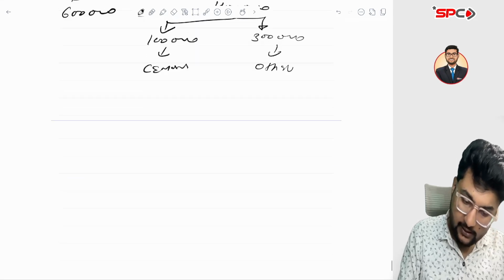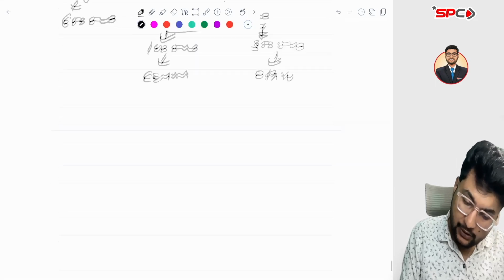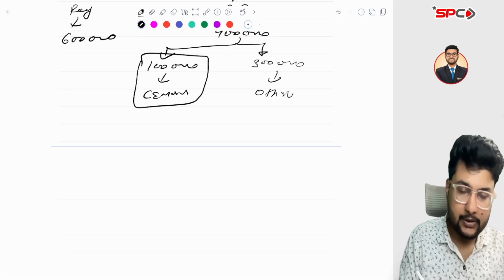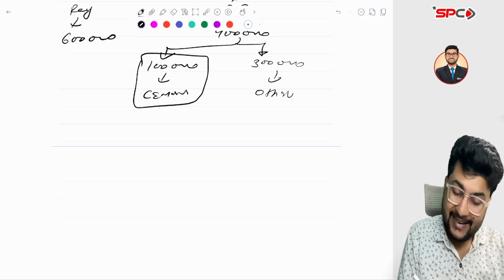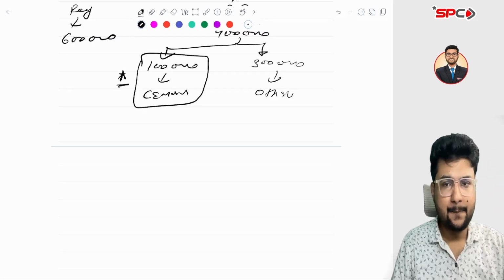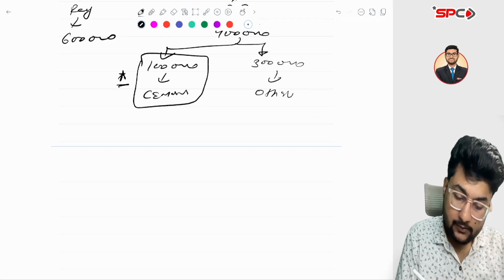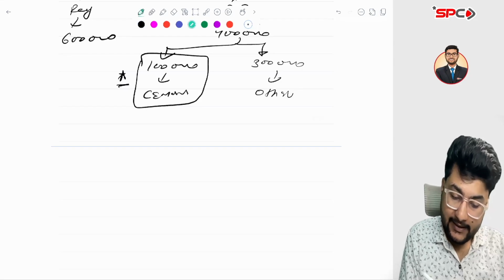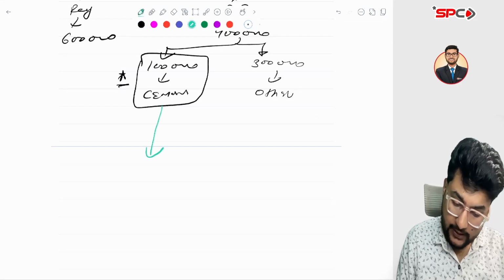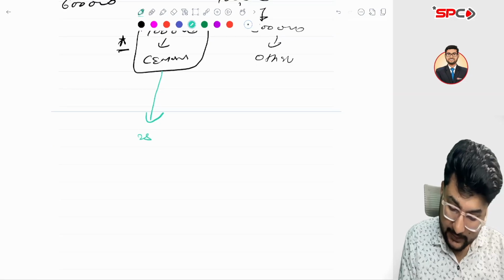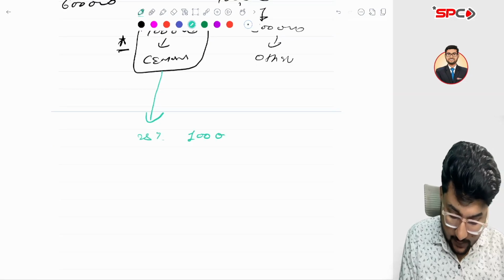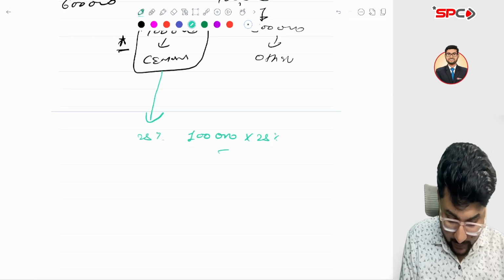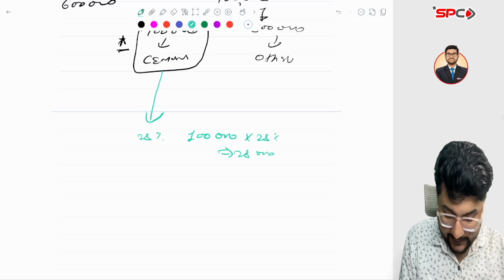So here, if we do the 80% check, first of all you have to take 28% on cement. 1 lakh multiplied by 28% is around 28,000, right?